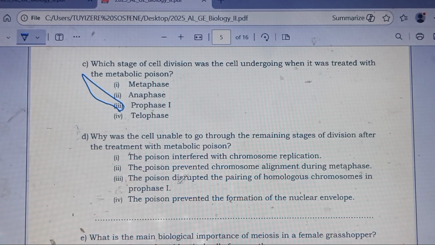II. The poison prevents chromosome alignment during metaphase. III. The poison disrupts the pairing of homologous chromosomes in prophase I. IV. The poison prevents the formation of the nuclear envelope. The correct answer here is III.